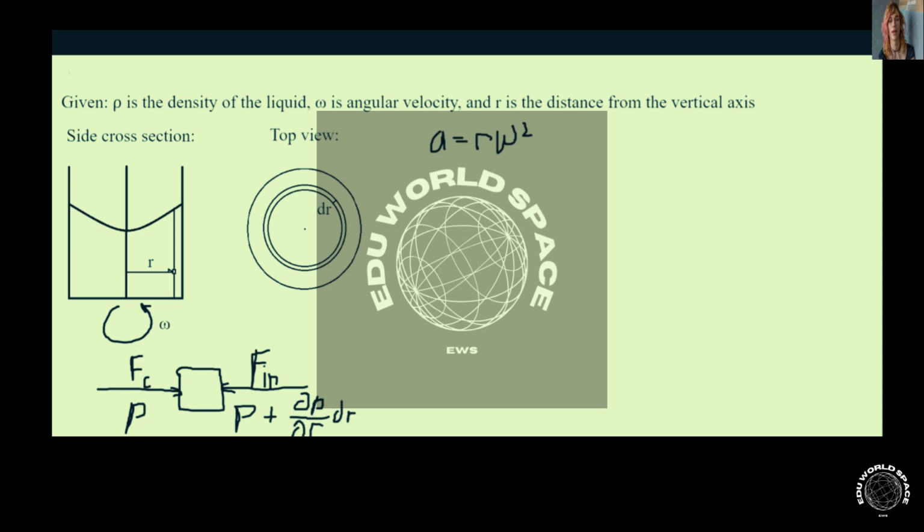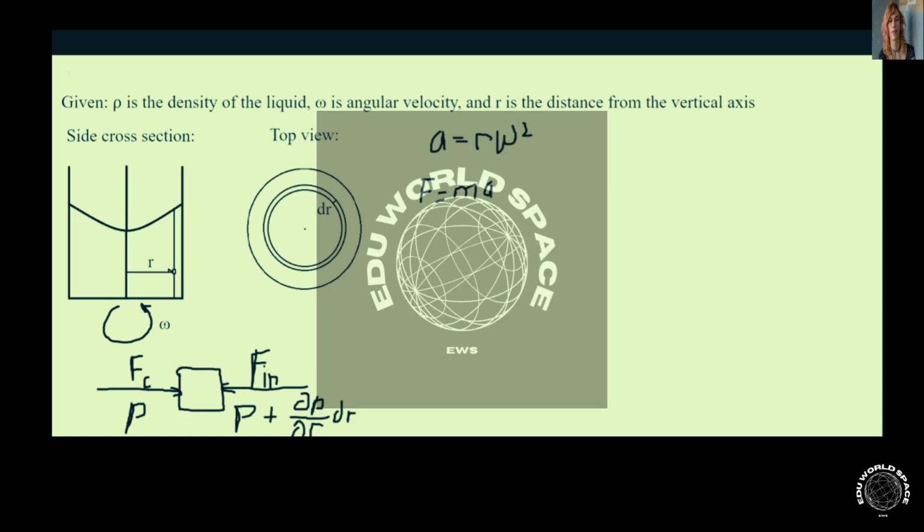Now, given this little net force diagram and our linear acceleration, we can try plugging that into Newton's second law of motion and see what we get.